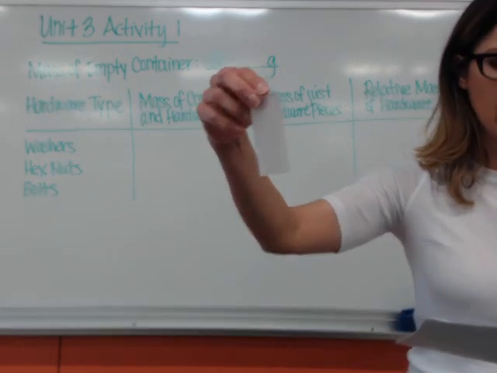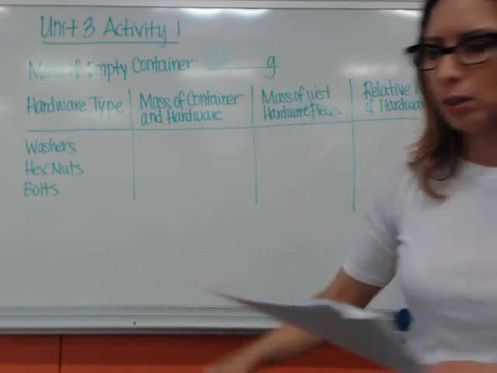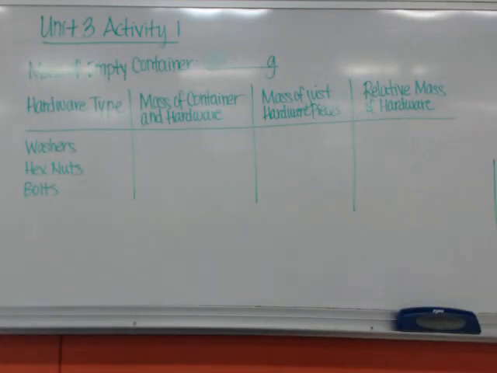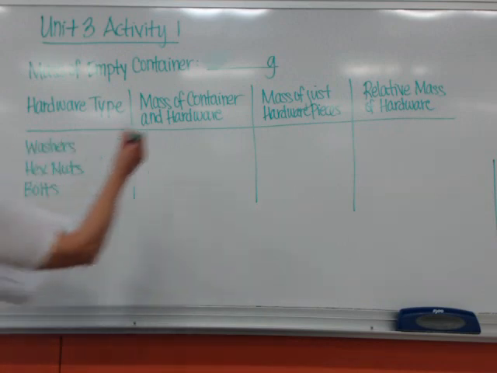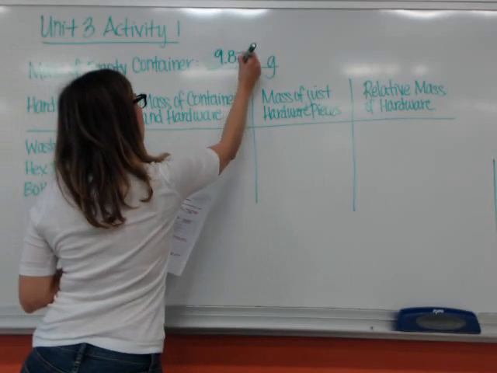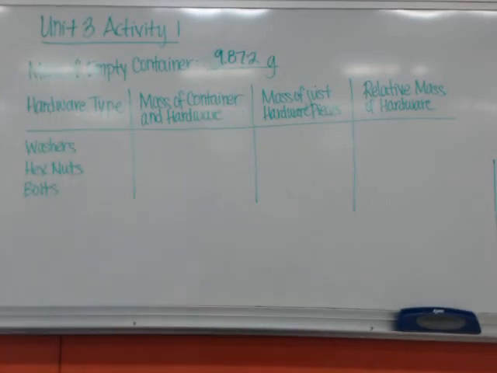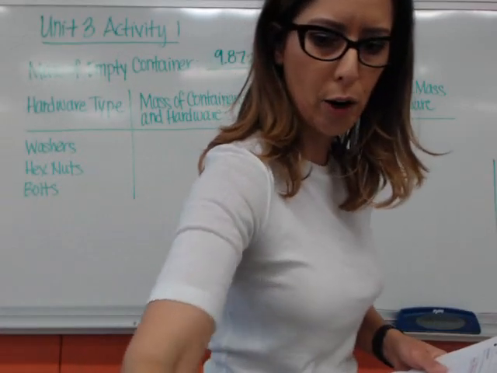I'm going to first get the mass of this empty container. The mass of the empty container is 9.872 grams. And then we're going to get the mass of the other pieces of hardware in their containers.